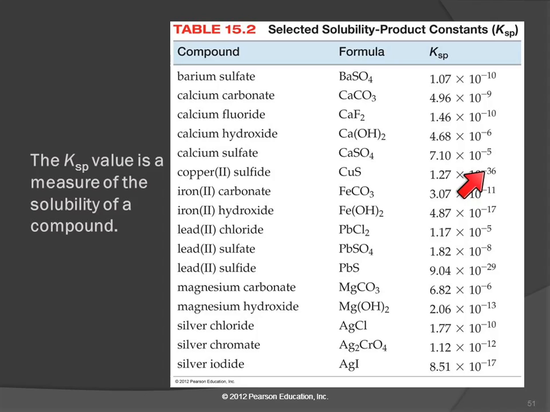That's really, really small. So a lot of these are very, very small. If you have a larger number, then it's more soluble. So we could look at this and say, well, calcium sulfate is more soluble than copper sulfide. So we'll do more with that on Friday.